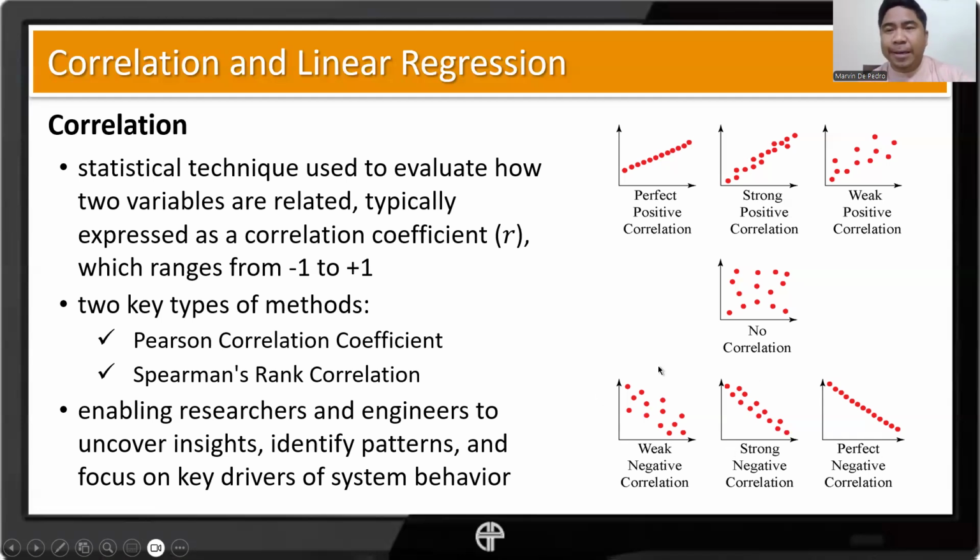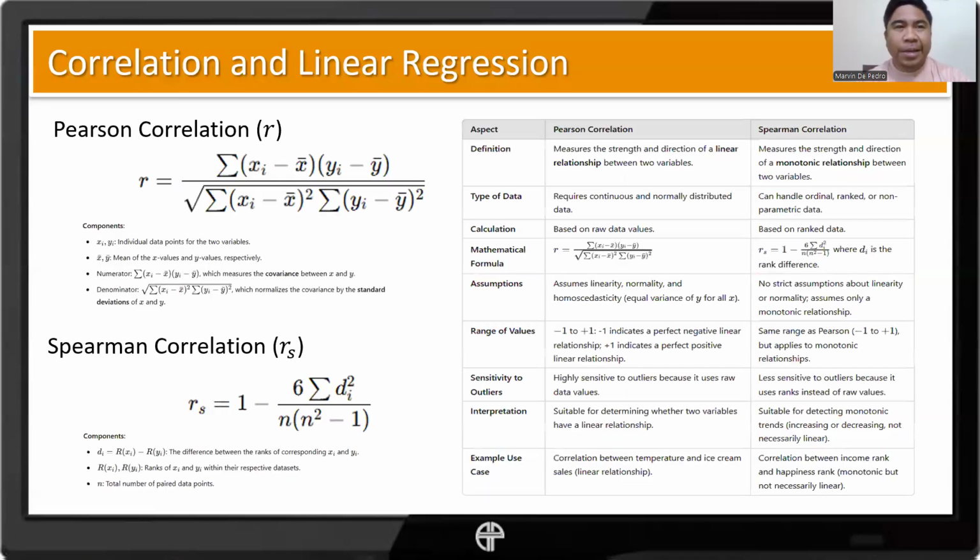And if we cannot identify whether it is an upward or a downward trend, then we can say there's no correlation between the variables. We'll explain later what we mean by that.